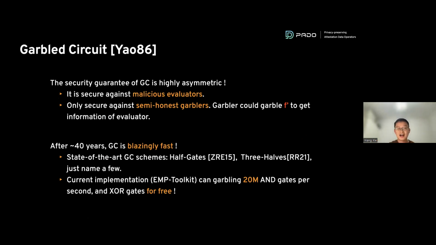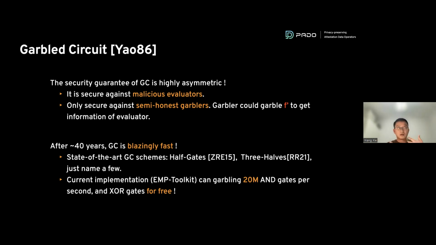As I said before, this GC protocol is secure against a malicious evaluator, and this is a very nice property, especially in our protocol. But it is only secure against semi-honest garblers, because the garbler can garble a different function f prime to get information about the evaluator.